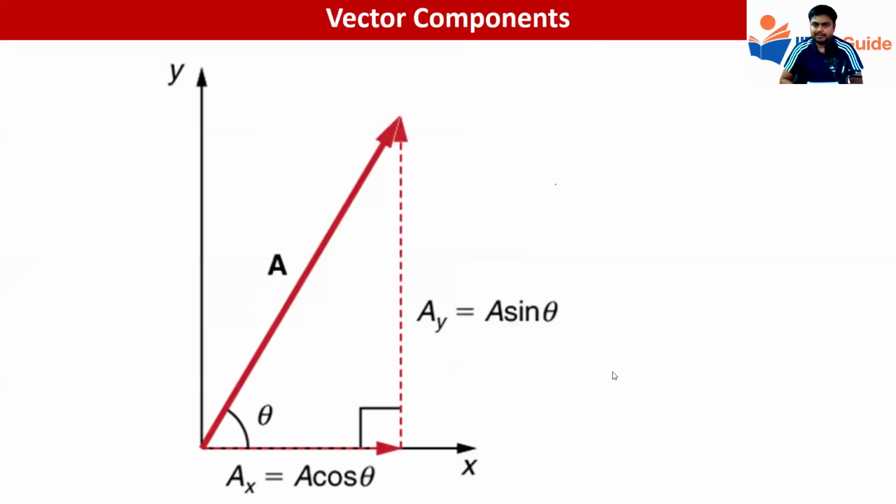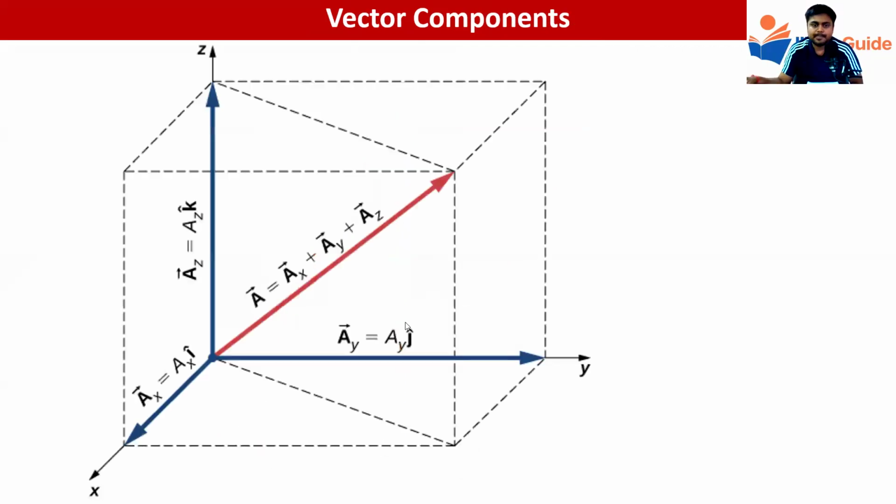Now these are the components of a vector. A vector has its components as sine theta and cos theta, in the perpendicular and in the base, if it is making an angle theta with the base axis.